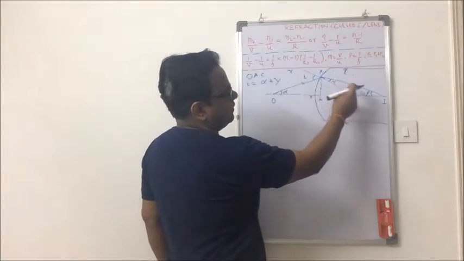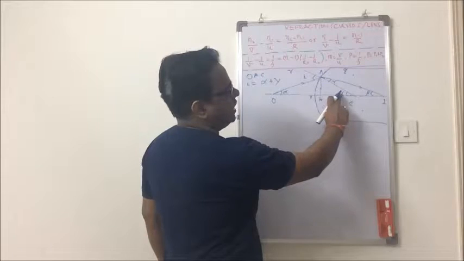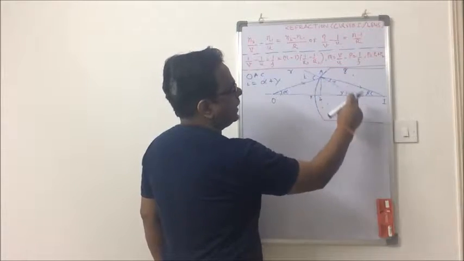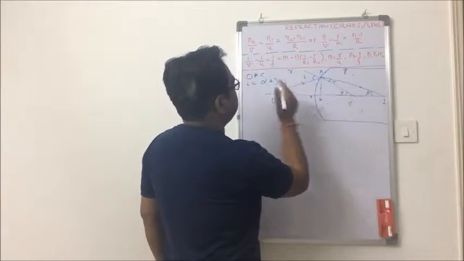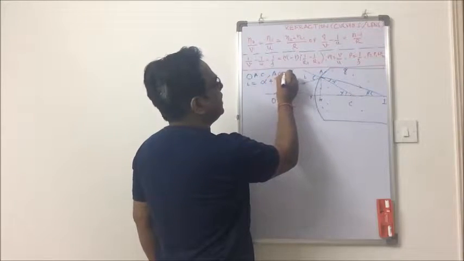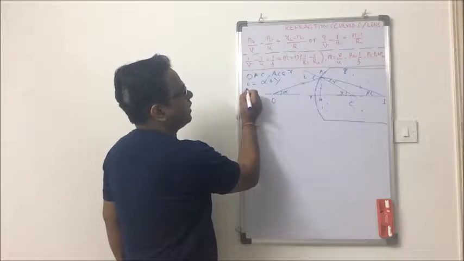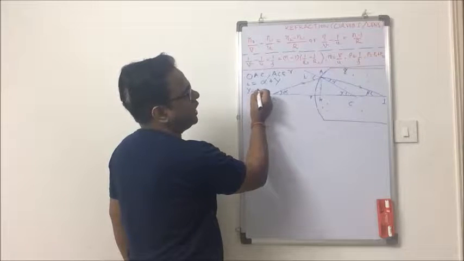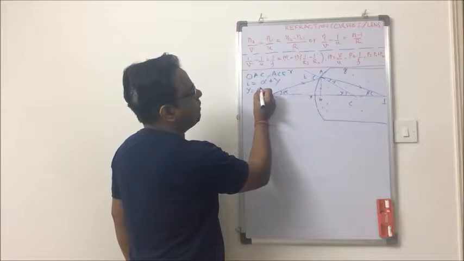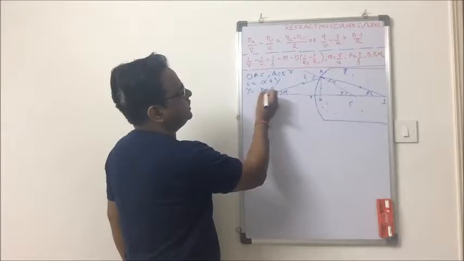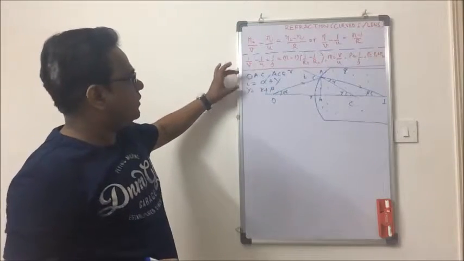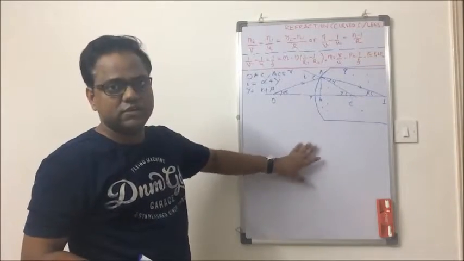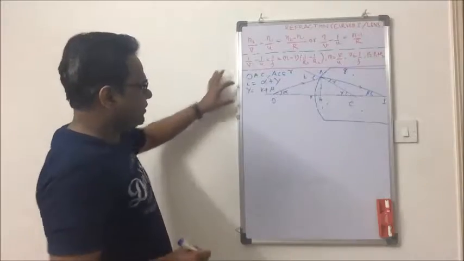In the second case, we will see that gamma is the exterior angle of triangle ACI. So gamma equal to R plus beta. I am writing it here so that I have enough space to complete the whole derivation. So very simple.